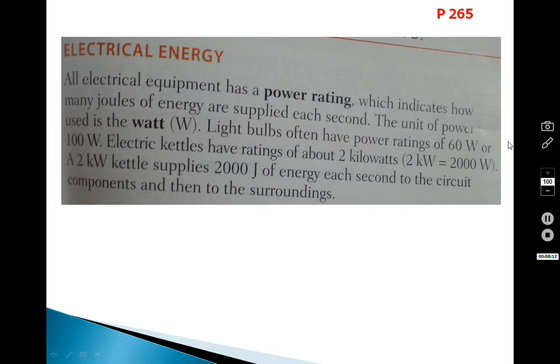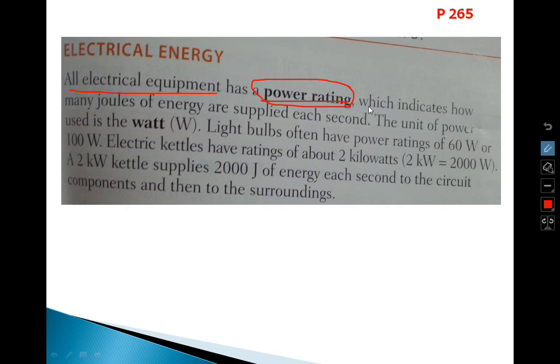As we know, all electrical equipment that is connected in the circuit has a power rating. So what do you mean by power rating?